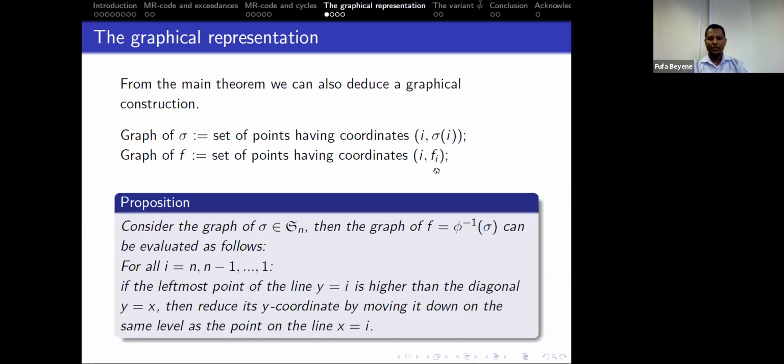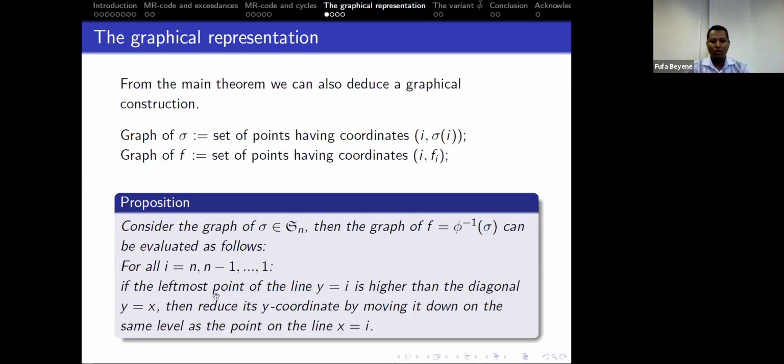So we have the following proposition that describes how to evaluate f from sigma. Take sigma in S_n. Its corresponding subexceedant function will be evaluated according to the following procedure. For all i, we begin with the largest value n and go down to 1.